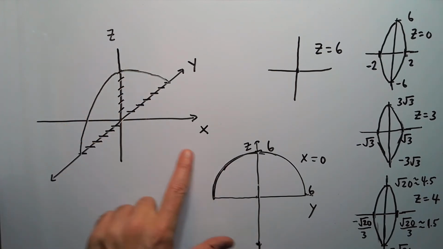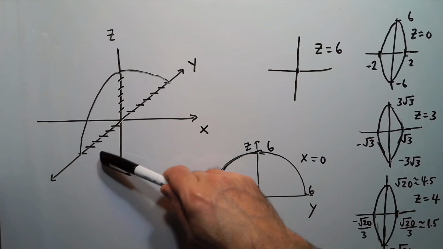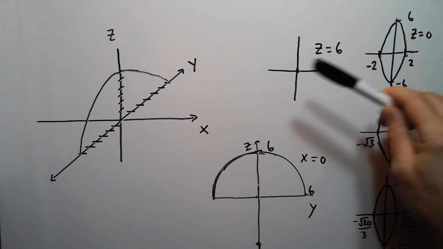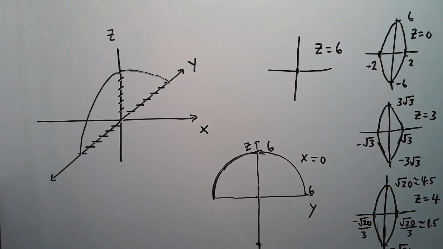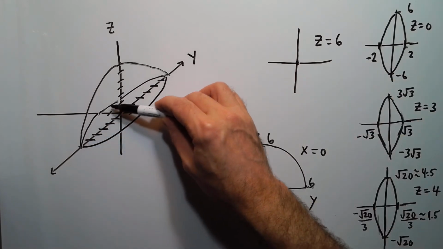So this guy here would go to this one. Let's do this now. This is when z is 0. So z is 0 would put us down in the xy plane. So we have to draw this ellipse. So it'll be 6 and minus 6 on the y, and then 2 and minus 2 on the x. Let me draw that in. Okay, so I've drawn it in. So this guy here will go down here.